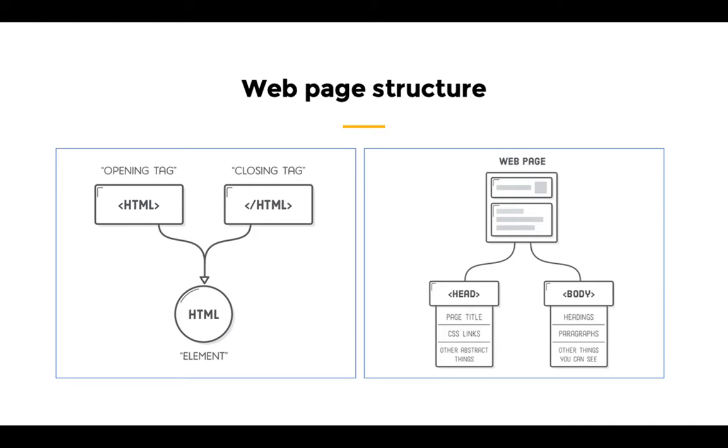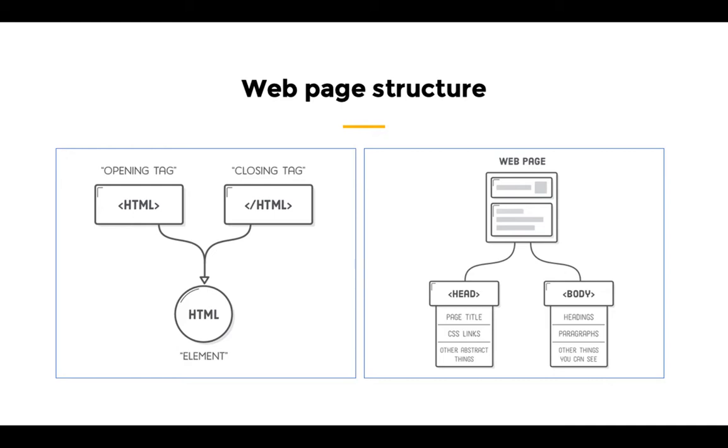All right. So yeah, we have talked briefly about the structure. You guys know that the outermost element is the HTML, and then the two main chunks are the head and the body. And the head is basically where you specify the most important information about your page, like the title and links to your CSS and links to other stuff.